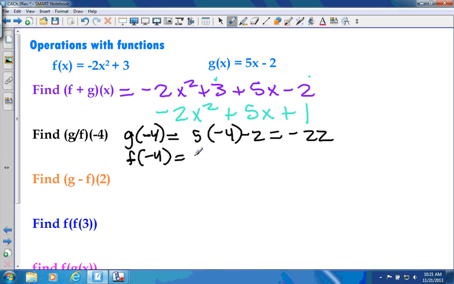F of negative 4 would be negative 2 times negative 4 squared plus 3. And that's going to get you negative 29, because 16 times negative 2 is negative 32, and then add 3. And then since you're dividing, your final answer is going to be a positive 22 over 29.